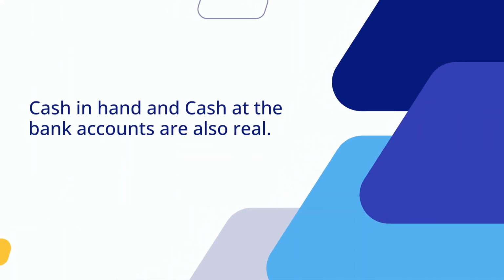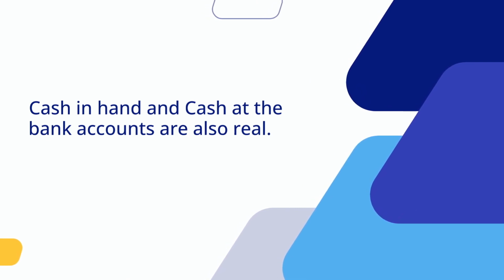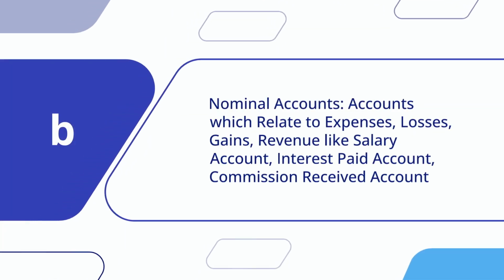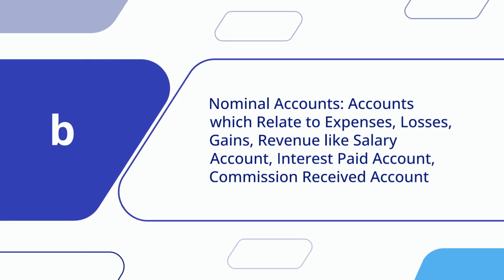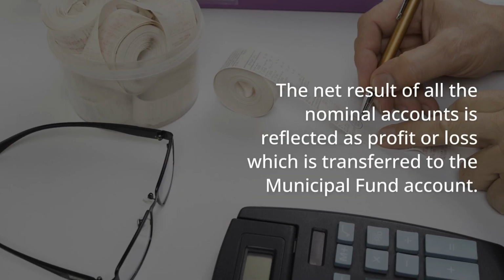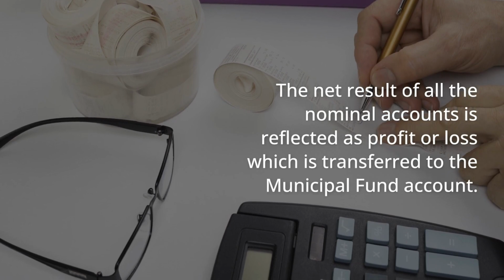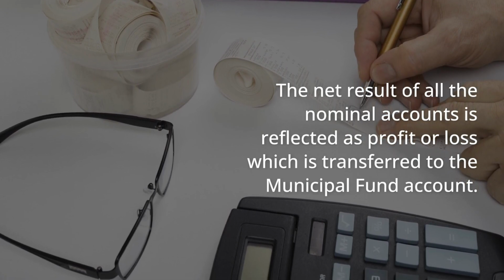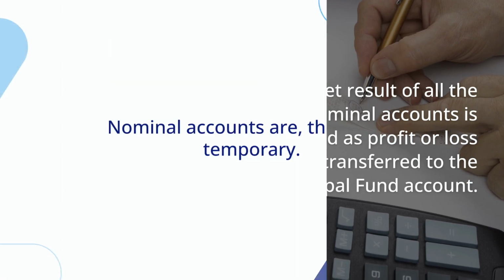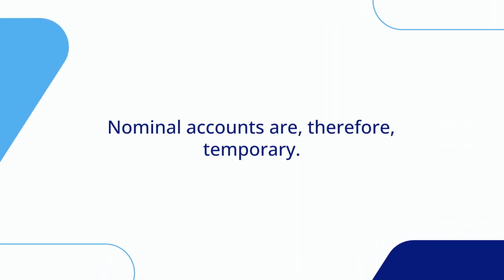Cash in hand and cash at bank accounts are also real. B. Nominal accounts. Accounts which relate to expenses, losses, gains, revenue, like salary account, interest paid account, commission received account. The net result of all the nominal accounts is reflected as profit or loss, which is transferred to the municipal fund account. Nominal accounts are therefore temporary.